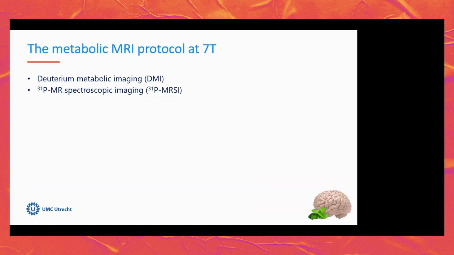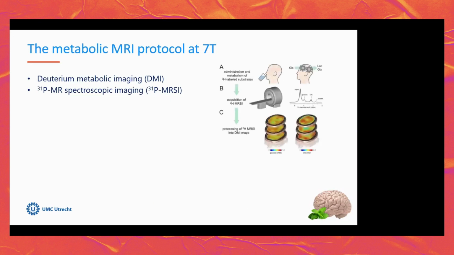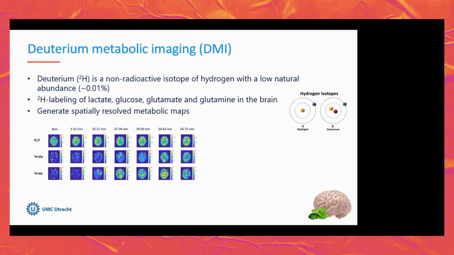We will use in this MIN trial two complementary metabolic MRI protocols at 7 Tesla, the deuterium metabolic imaging and the phosphorus spectroscopic imaging. Deuterium is a stable isotope of hydrogen with a low natural abundance of 0.01 percent. With oral deuterated glucose, DMI is able to detect deuterated labeling of lactate, glucose, glutamate, and glutamine in the brain.